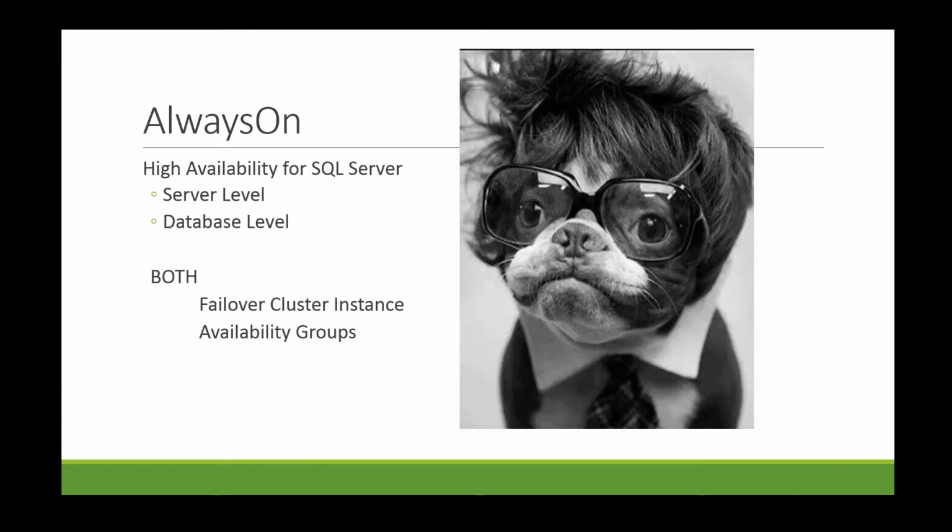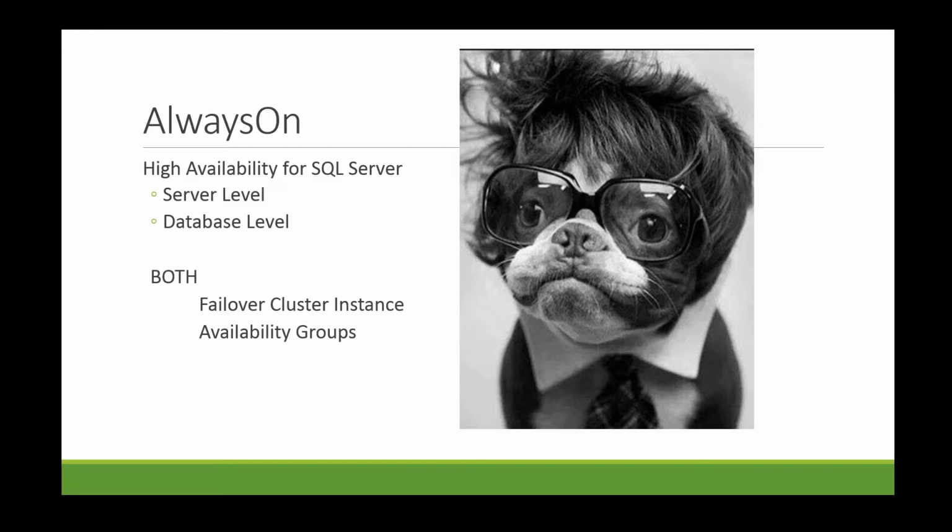All right, this gets so confusing to people because Microsoft decided, for whatever reason, to come up with an umbrella term for a couple of different high availability options that they have. And probably as more come on board, they'll continue to use always on to describe all of their high availability options.